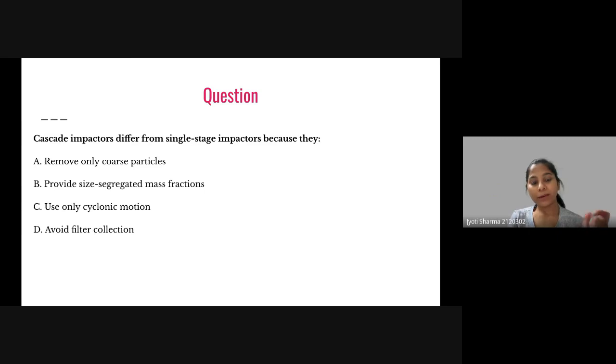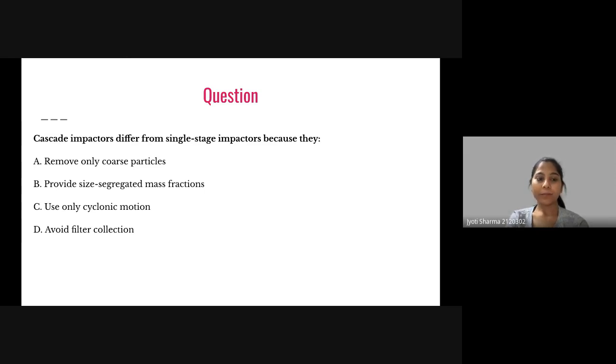Okay, so we have different impactors: single stage impactor and cascade impactor. So how is cascade impactor different from single stage impactor? We have four options: remove only coarse particle, provide size segregated mass fraction, use only cyclonic motion, avoid filter collection.